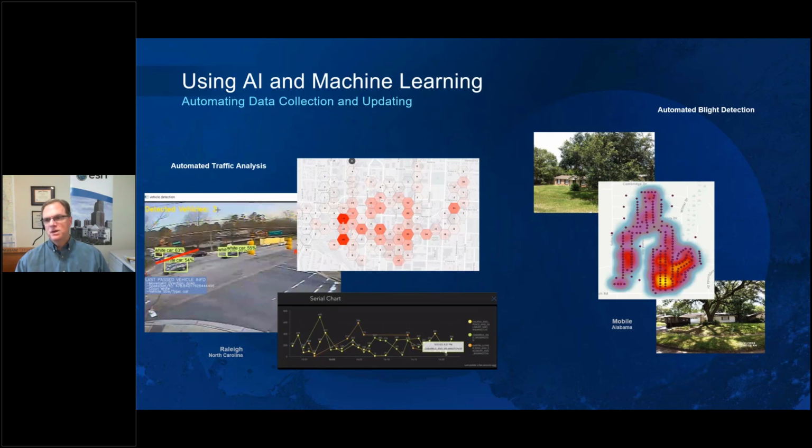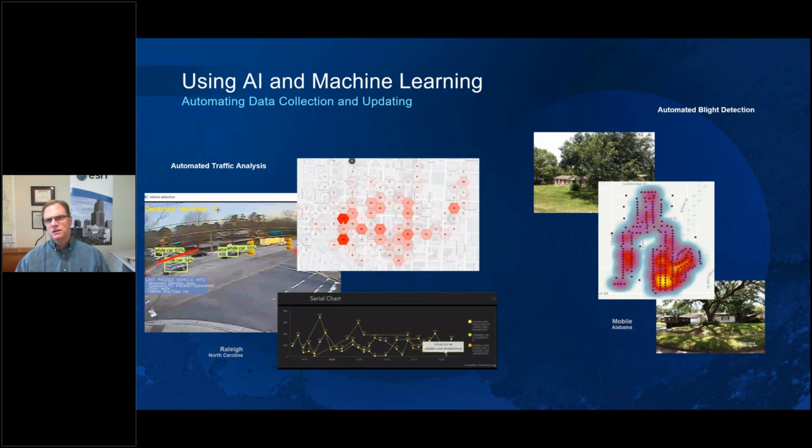And then in Mobile, Alabama, they are using cameras on the sides of their county vehicles to take pictures as they head out to do assessments and so forth, and then those images are processed automatically to do blight detection. So looking for things like boarded up windows or graffiti or overgrown lots or damage to the house or the roof.